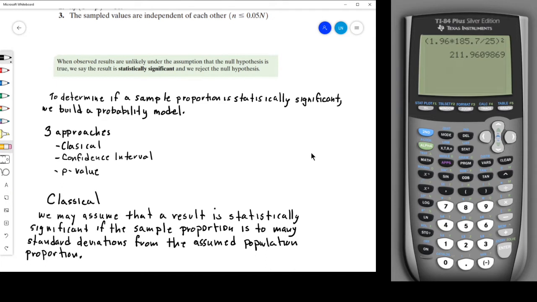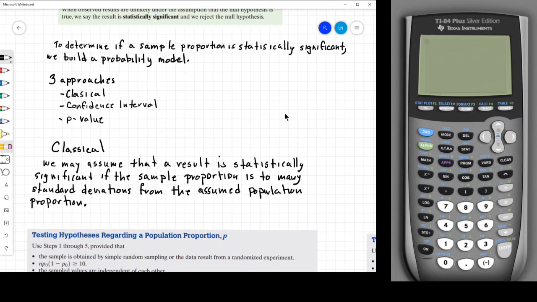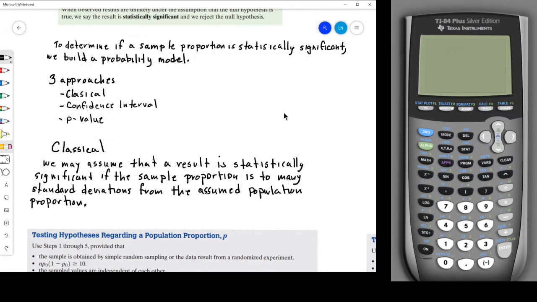And the classical approach is basically the one that you can do by hand with a table and some simple calculator calculations. The second one is going to be confidence intervals, and I talked last time that there is a close relationship between this concept of hypothesis testing and confidence intervals. Both of those methods can be done by hand.